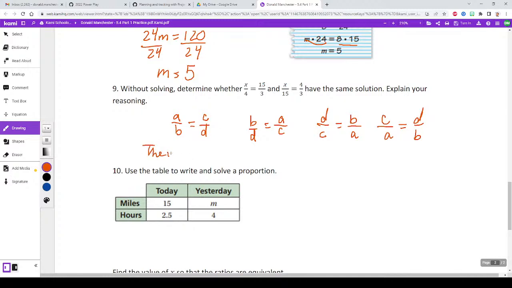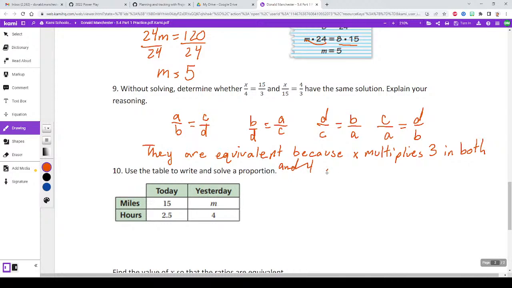They are equivalent, which is the fancy word for they have the same solution, but it's easier to write equivalent than they have the same solution. They are equivalent because x multiplies 3 in both and 4 multiplies 15 in both.